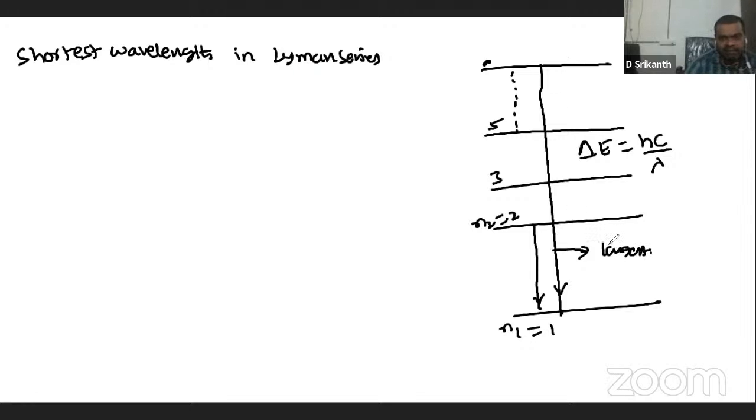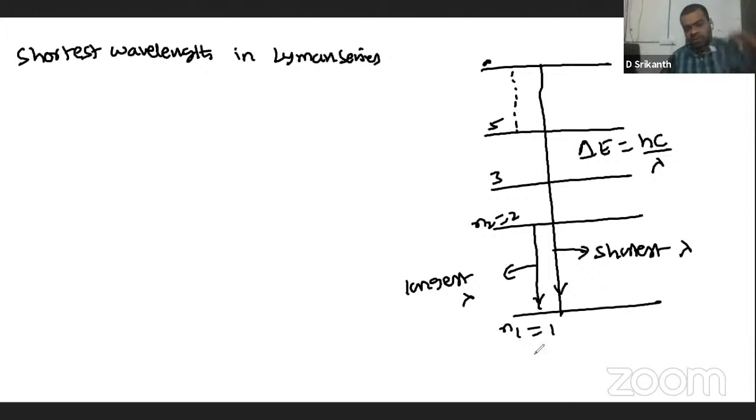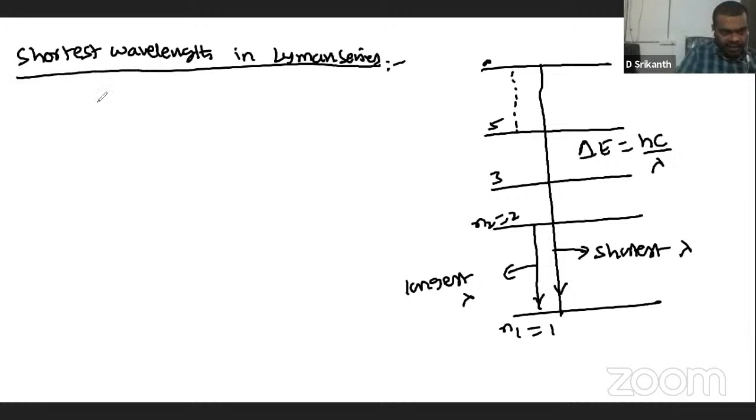This one is the shortest wavelength, and this one is the longest wavelength. The longest always involves the ground state. Shortest wavelength in the Lyman series means n1 equal to 1 and n2 equal to infinity.